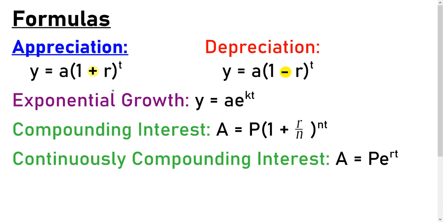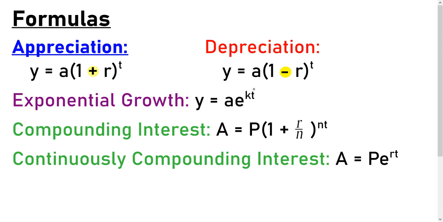The generalized formula for what we call exponential growth is y equals a times e raised to the kt. K is your growth factor, t is time, e is the natural number e, and a is your initial amount.